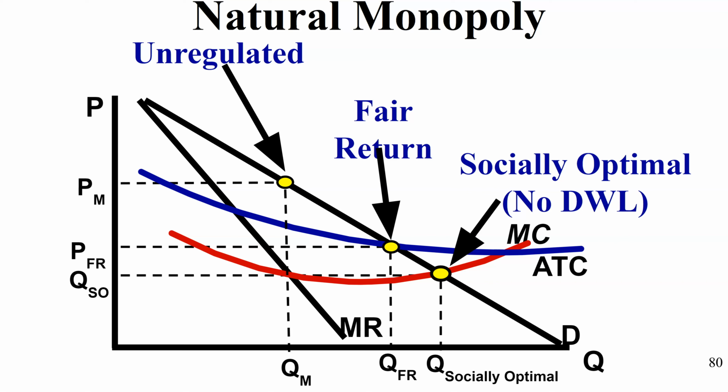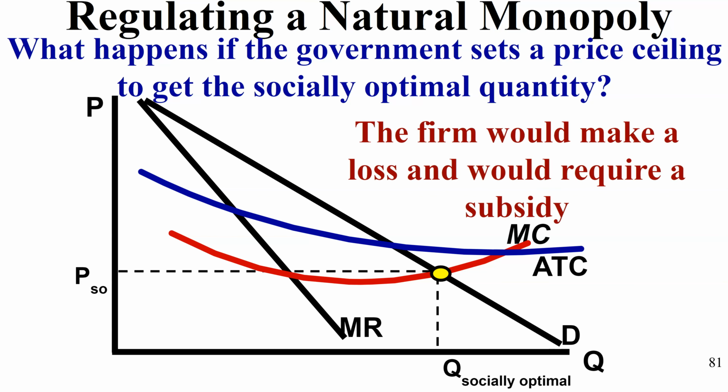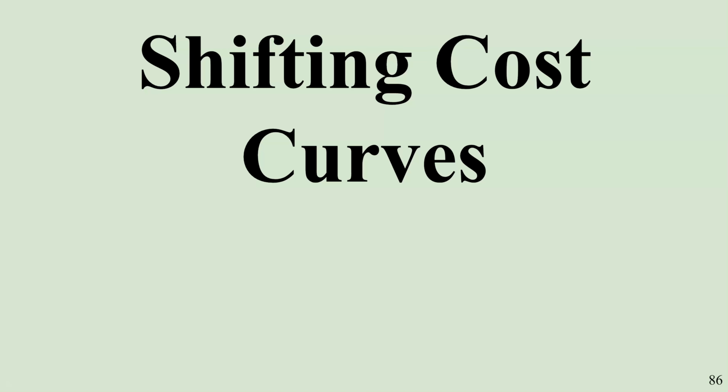Otherwise, that natural monopoly is going to go out of business, and you definitely don't want that. As a result of your price ceiling, the company went out of business. Now nobody has any water or electric or whatever. And so that's where you would need to be providing some type of a subsidy. So if the government sets a price ceiling at that socially optimal quantity, again, a subsidy would help bridge that gap, and that's what we see there.